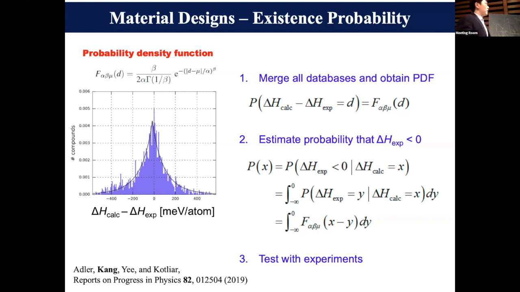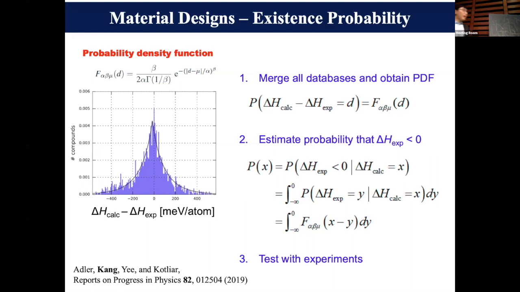The experimental value is y and the calculated value is x, so the computational error is simply x minus y. We already know that the computational error x minus y follows the probability density function, so we can simply change the probability into the probability density function. From the calculation, we can estimate the existence probability for a certain value of x.